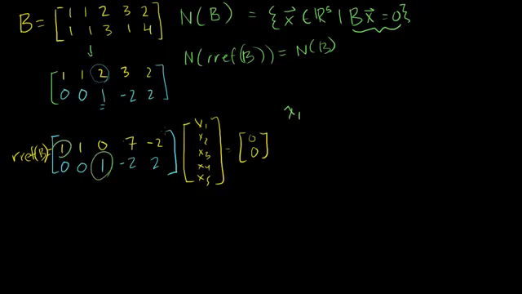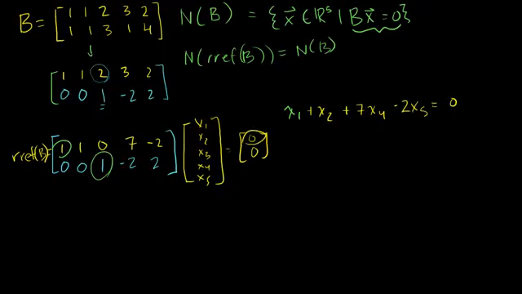I get x1 plus x2, plus 0 times x3, plus 7 times x4, minus 2 times x5 is equal to that 0 right there.